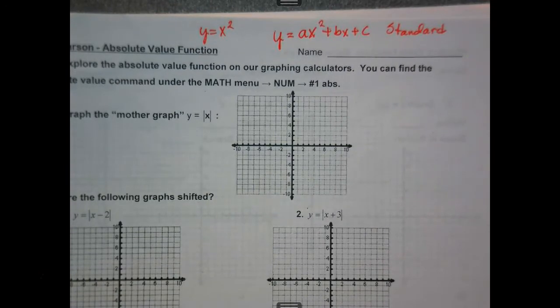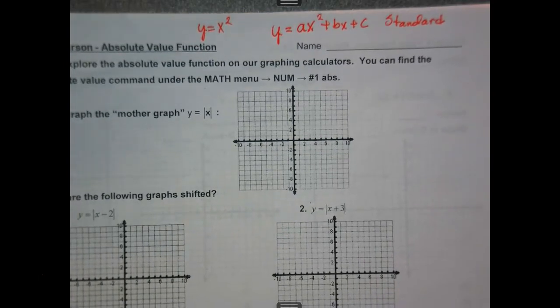You have to learn that for the rest of this course to be successful, because it goes on. We do logarithmic functions, and you have to know the stretch, and it gets very difficult, especially if you don't learn it now. We're going to start out our transformations with the absolute value function.